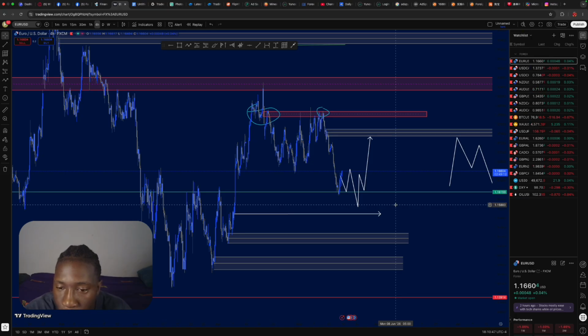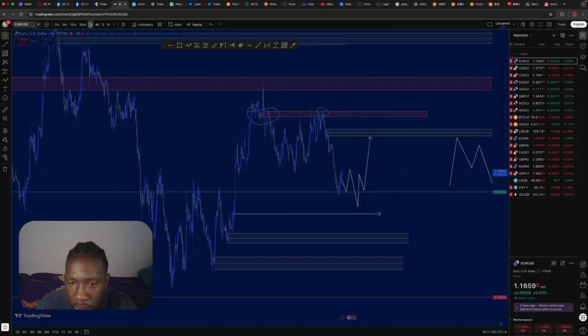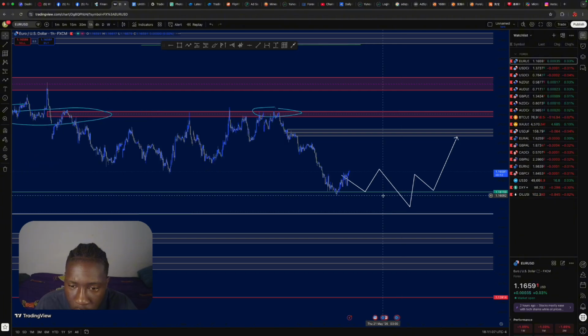Now I think we also want a move to the downside, because we need to liquidate at the zone that we think maybe the market is going to take. So we need to liquidate on it for us to continue moving to the upside.